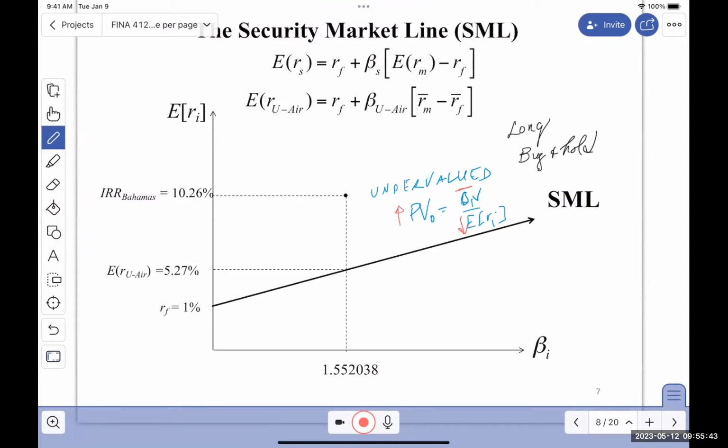If they're below the security market line, you should short them. You borrow any asset that's below the line, and the price is going to drop because they're overvalued.